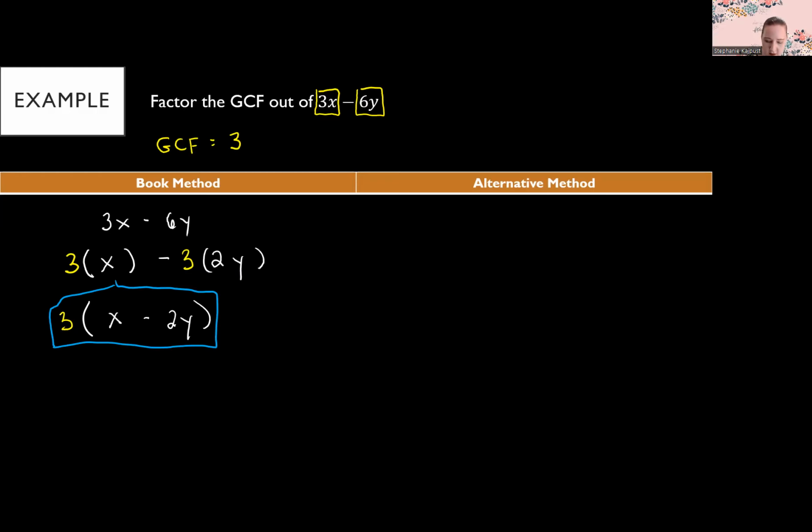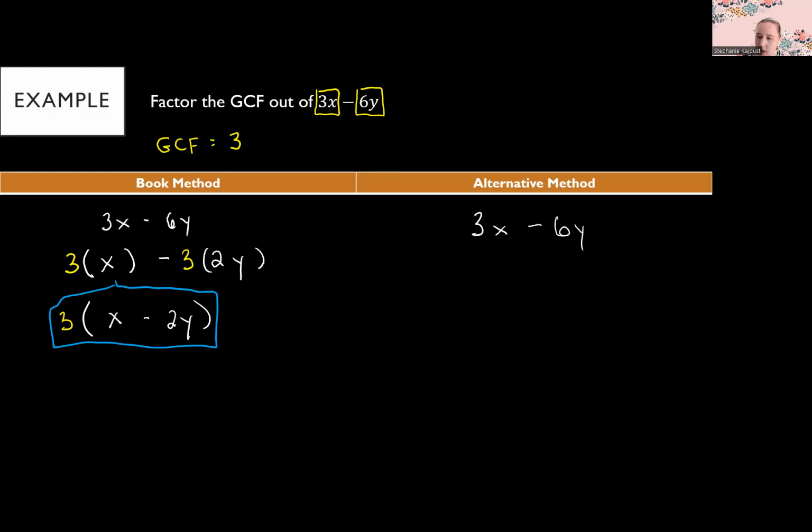Now, my method: start at the same thing, 3x minus 6y. And usually what I do is I write this as plus negative 6y, just to avoid any possible sign errors. In this case, it's not going to matter, so I'll just leave it as minus 6y.